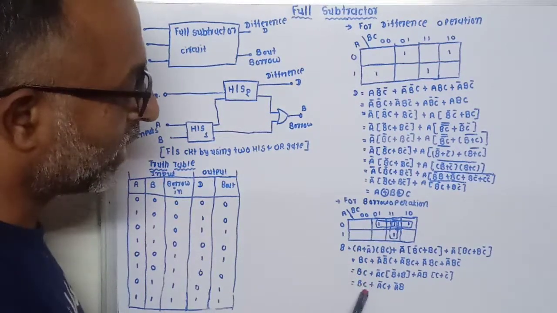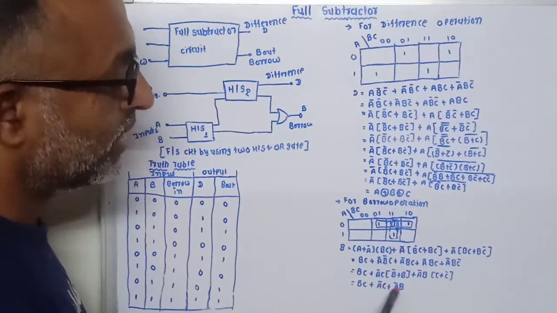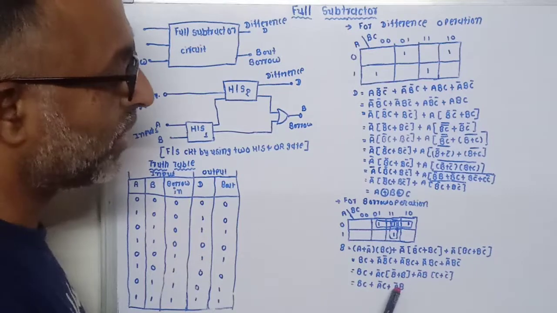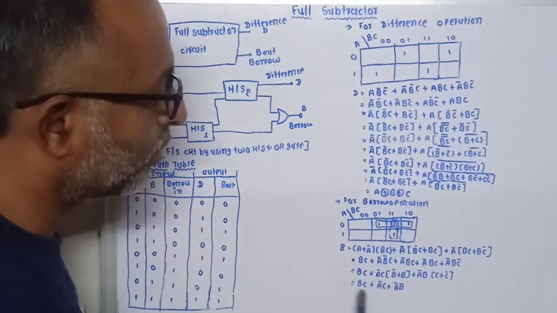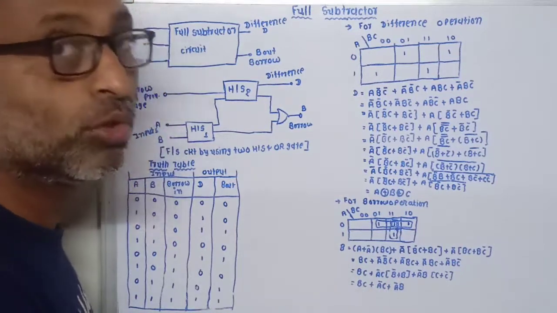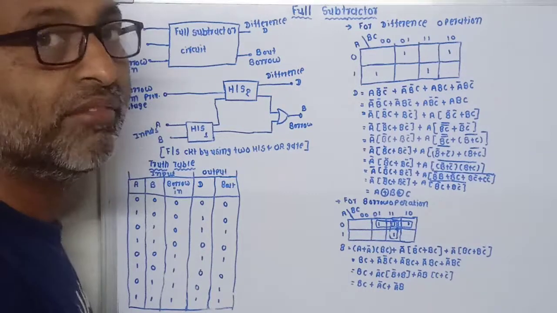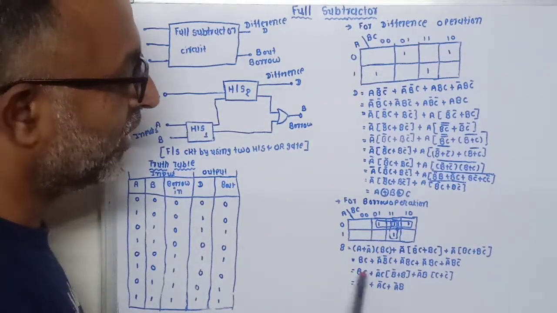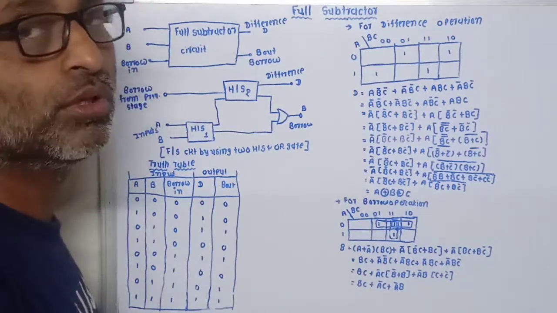First for the multiplication of BC, second for the multiplication of A bar C, and the third AND gate is required for the multiplication of A bar into B. The outputs of these AND gates are added to each other, so for that we require another 3-input OR gate, which provides the borrow output.